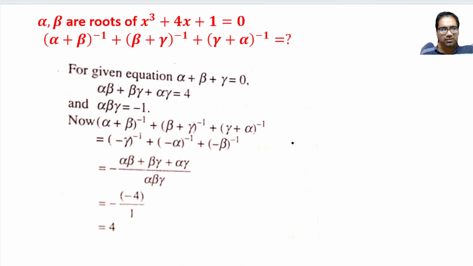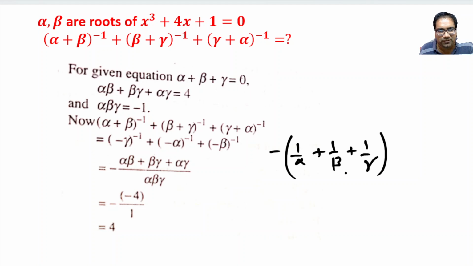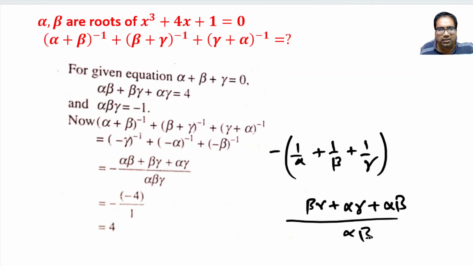This is equal to minus of (1 by alpha plus 1 by beta plus 1 by gamma). That is equal to minus of (beta gamma plus alpha beta plus alpha gamma) by alpha beta gamma.